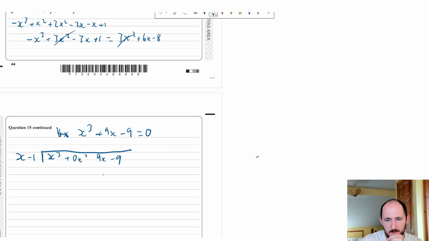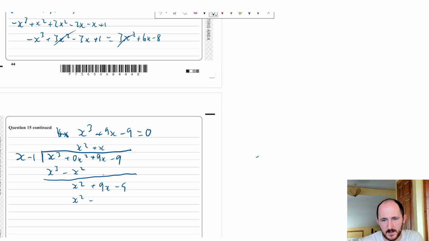It's like you're doing long division and stuff, because now we get x squared. It's x cubed minus x squared. That gives me x squared plus 9x minus 9. Gives me plus x. So that gives me x squared minus x. That's 10x minus 9. Gives me plus 10.